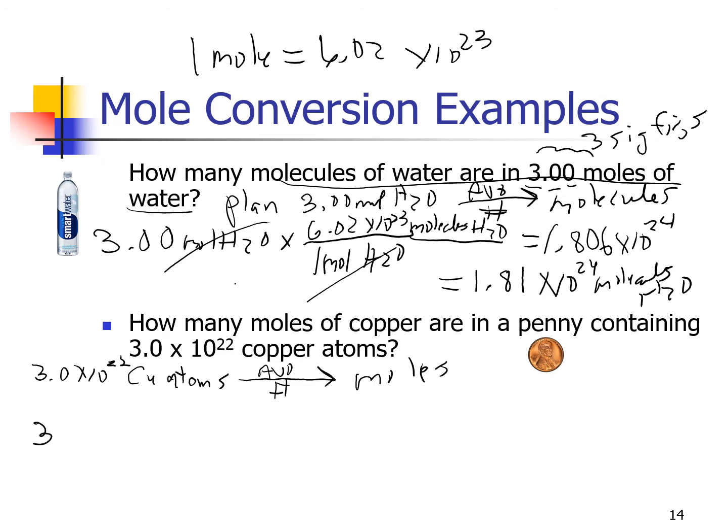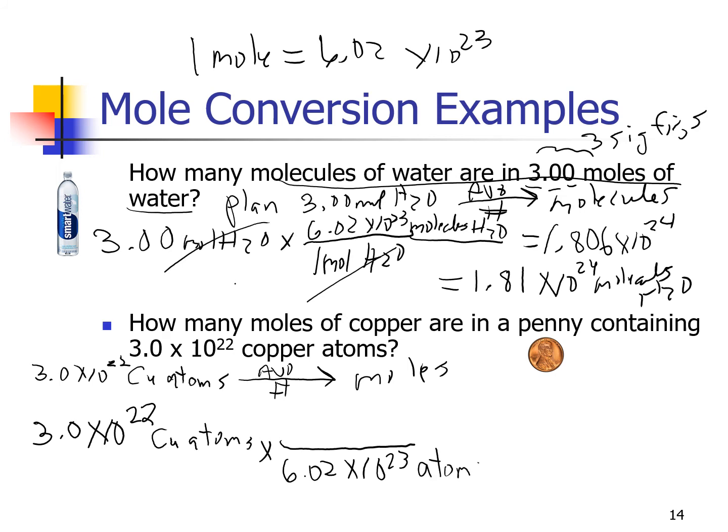So let's solve our problem. 3.0 times 10 to the 22 copper atoms times, we want to cancel atoms at the bottom, so we put 6.02 times 10 to the 23rd atoms of copper at the bottom, and that's equivalent to 1 mole of copper, which is what we're looking for.